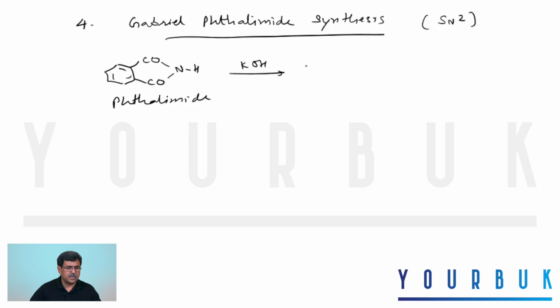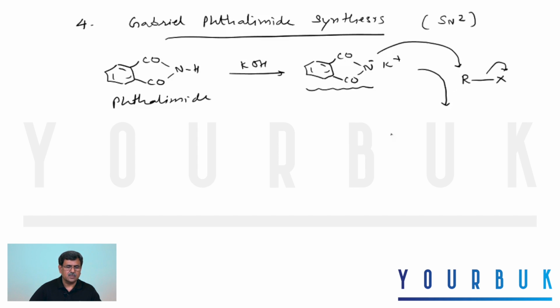It's the acid-base reaction to give a salt. Now this salt is obtained in which this part is our nucleophile, and this nucleophile then displaces the halide of the alkyl halide via SN2 mechanism to give this N-alkyl phthalimide.